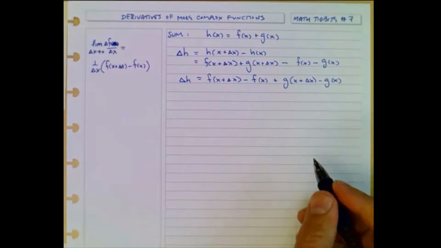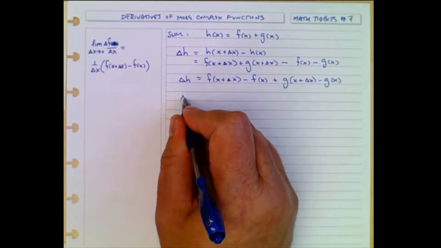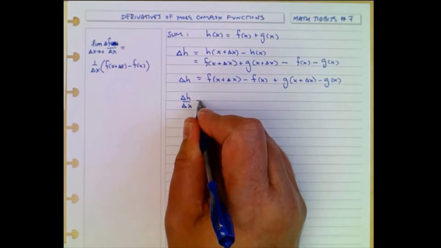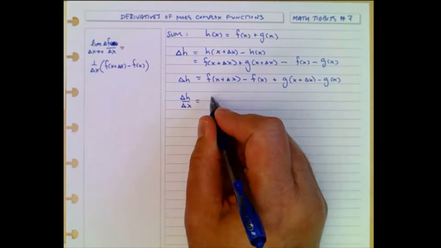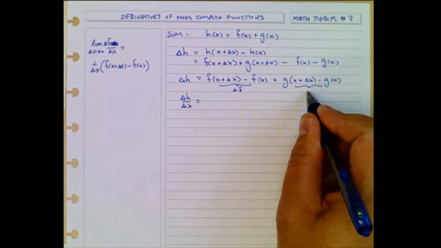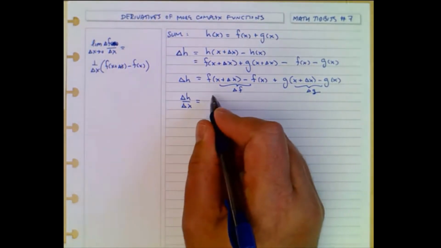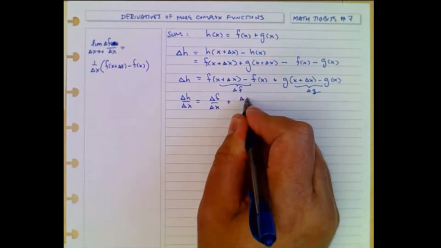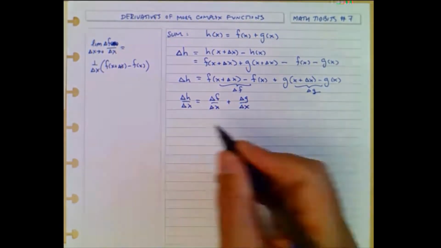So that's delta h. We then divide delta h by delta x, and this then becomes, right, this is delta f, and this is delta g, and so this is delta f divided by delta x plus delta g divided by delta x.